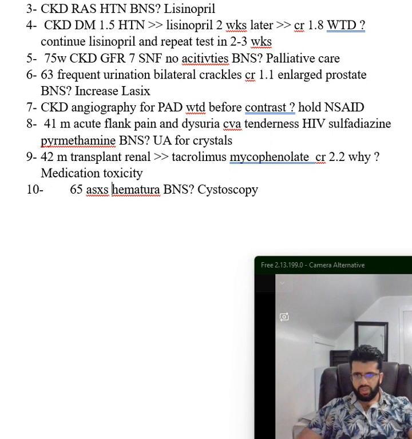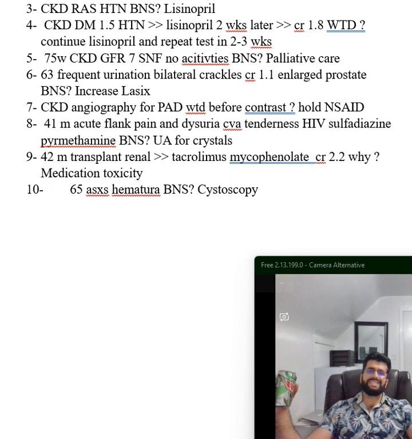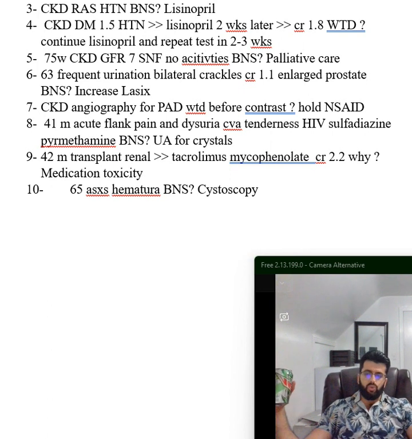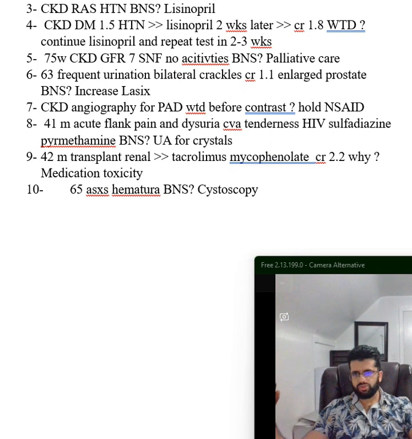So pretty much hematuria, if there is no cast or kidney disease, what you would want to do is rule out bladder cancer. So you follow up with your urologist to rule out bladder cancer.